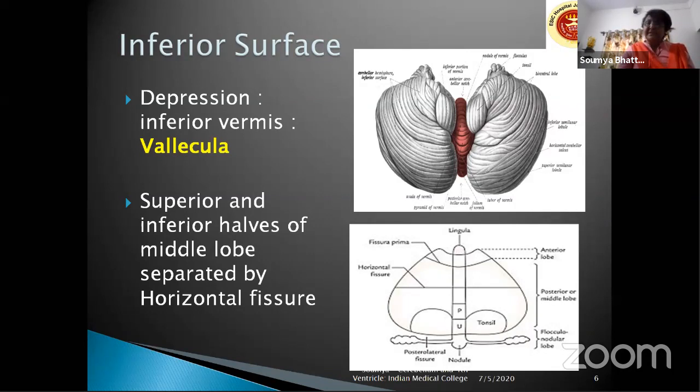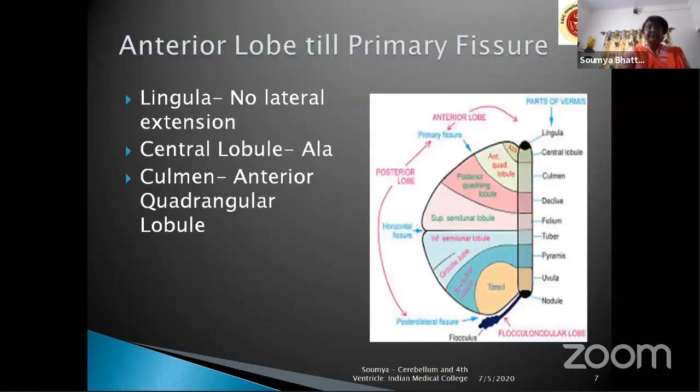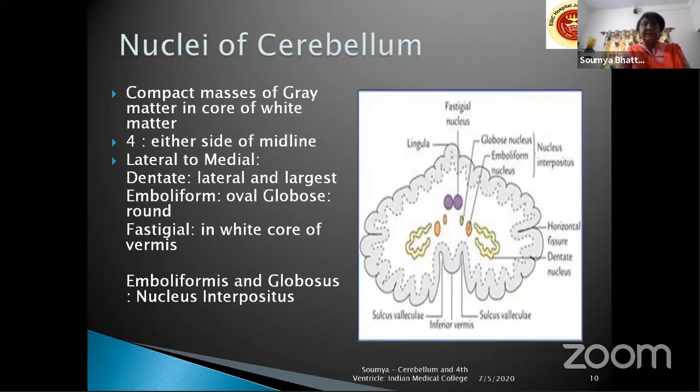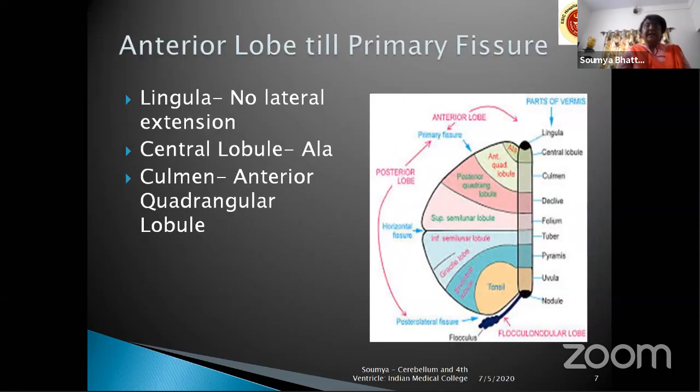Now, therefore, we have discussed the superior surface and the inferior surface of the cerebellum. I have already said the anterior lobe is anterior to the primary fissure. So, when we are discussing the anterior lobe, it is anterior to the fissura prima. Now, what are the parts we have? We can see in this diagram on your right that it has multiple colors.